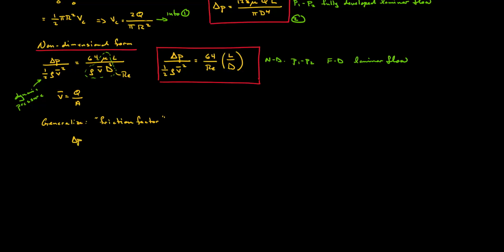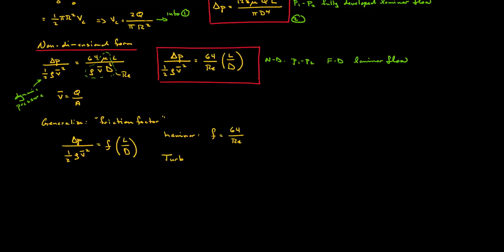So what we just found can be expressed as delta P over 1/2 rho V bar squared equal to some friction factor f multiplied by L over D, where for a laminar flow, the friction factor is equal to 64 over the Reynolds number.